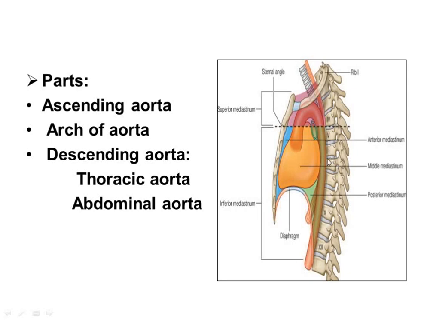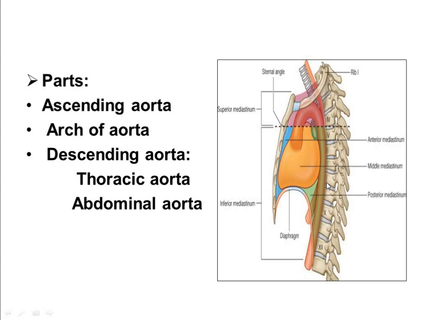Then it goes through the opening in the diaphragm to the abdomen at the level of 12th thoracic vertebra. Beyond that, this part of aorta we call the abdominal aorta, which we'll study when we study the abdomen. Today we are going to discuss the ascending aorta, arch of aorta, and the descending thoracic aorta.